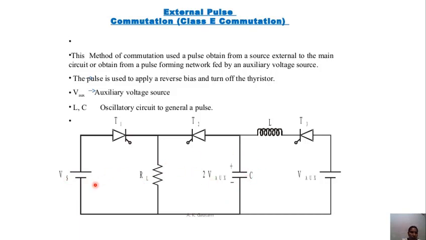So this reverse voltage is sufficient to turn off the main thyristor. Once this is off, the capacitor is discharged through this load resistor. So all the thyristors are off.